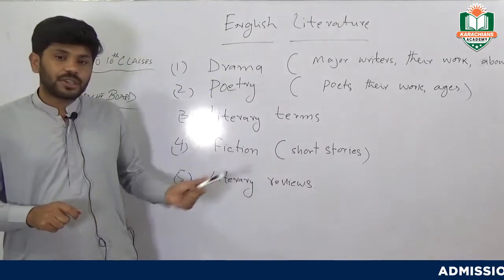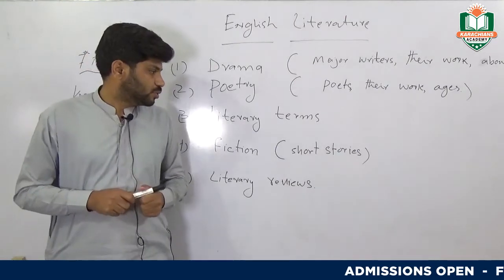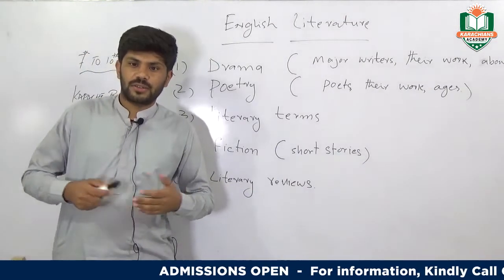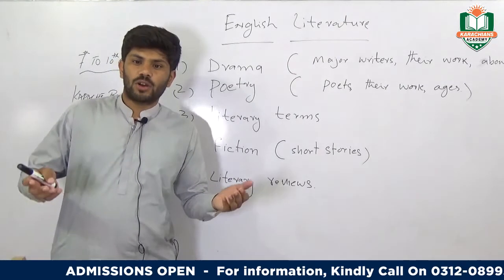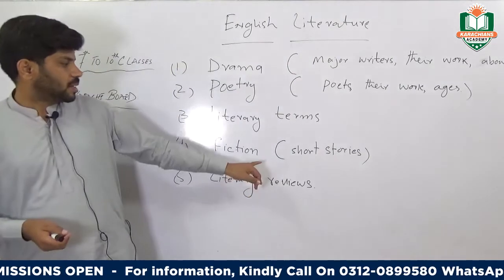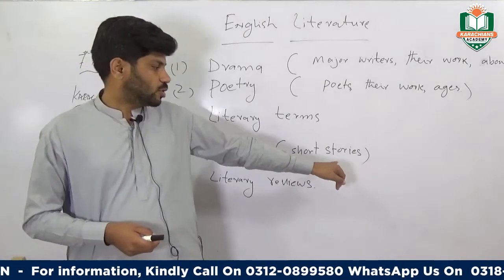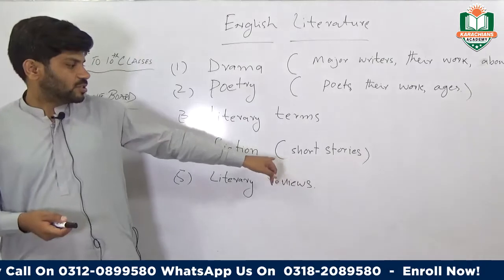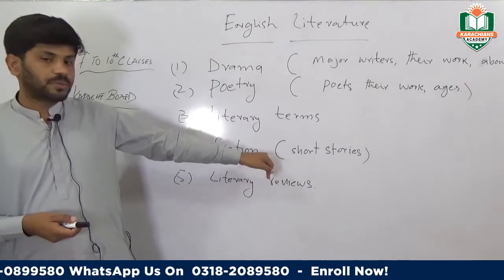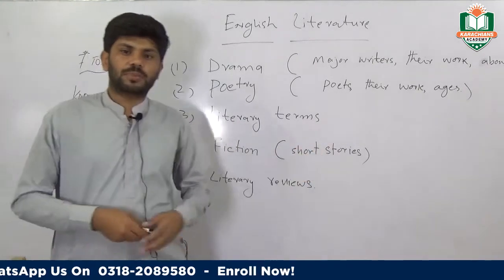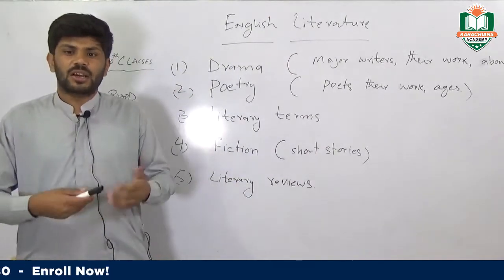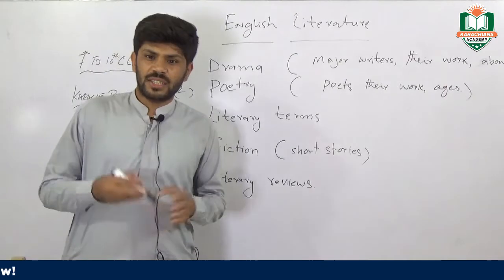Fiction is another very important thing in literature. In fiction we have two different things. One is the novel. A novel is somewhat long compared to short stories. A short story is sometimes called a novella. A short story is quite short compared to a novel, but a novel is a long piece, and it has many characters and many scenarios.